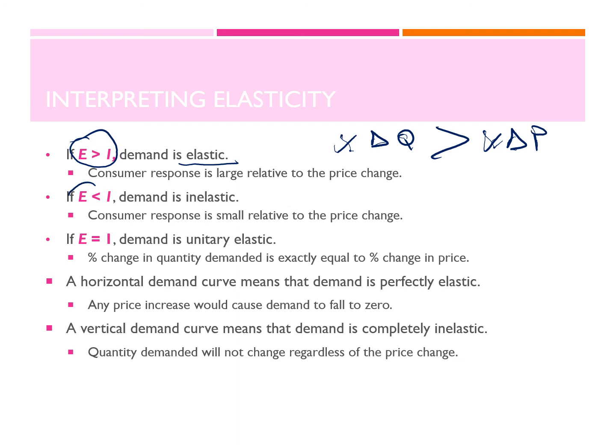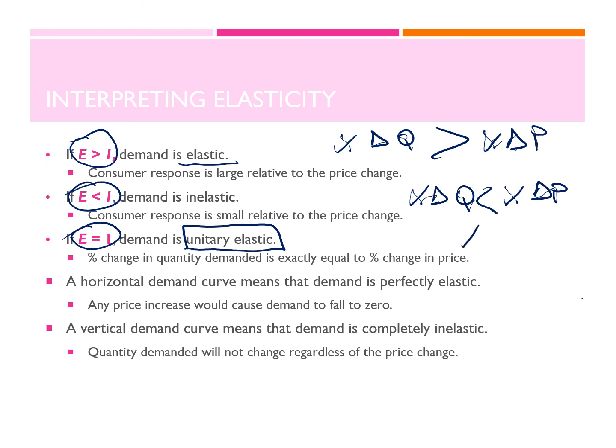When my answer is less than 1, I would say that my demand is inelastic. That means consumer response is small relative to the change in price. When I get an answer equal to 1, I would call it unitary elastic, which means the percentage change in quantity demanded is exactly equal to the percentage change in price.